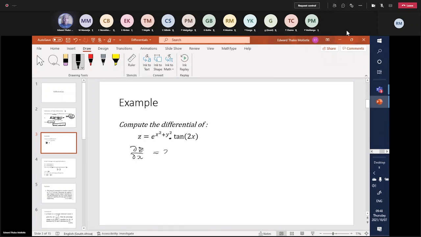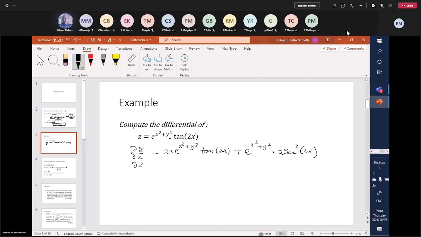So you have 2x e to the power x squared plus y squared tan 2x, plus, now you keep the first term, e to the power x squared plus y squared. You differentiate tan 2x: differentiating the inner function gives you 2, differentiating the outer function you have sec squared 2x.